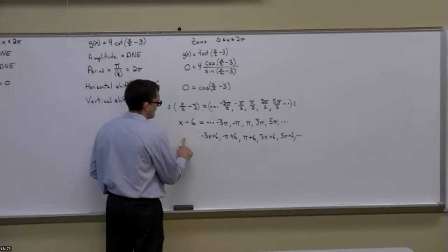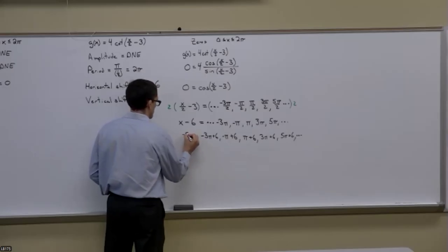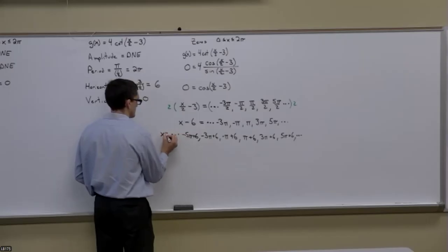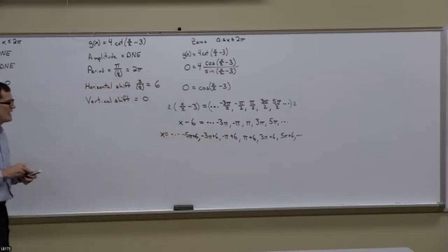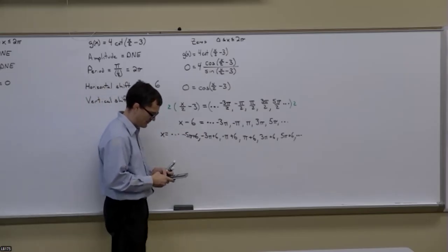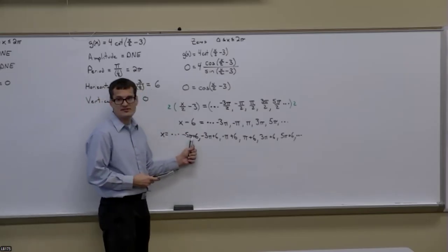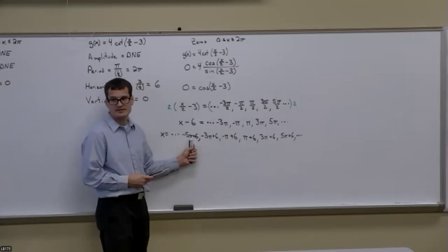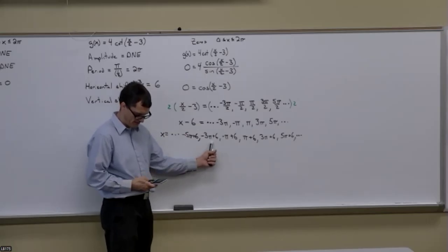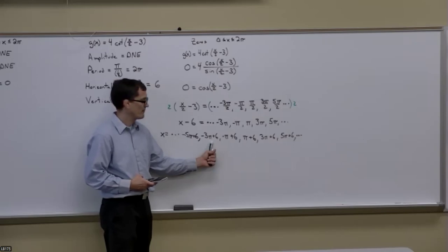I'm going to go back one, just to emphasize something. If you type in negative 5 pi plus 6, that's less than 0, right? What about negative 3 pi plus 6? Also less than 0, right?